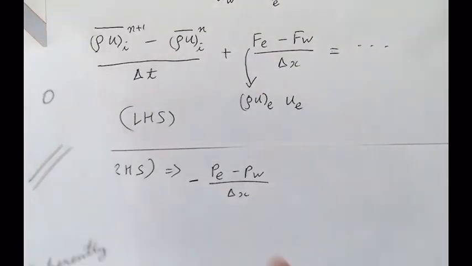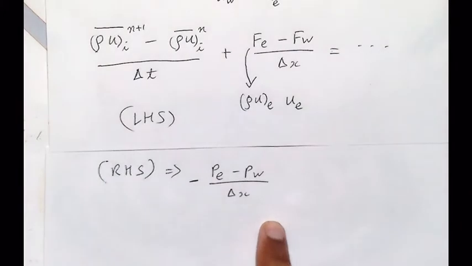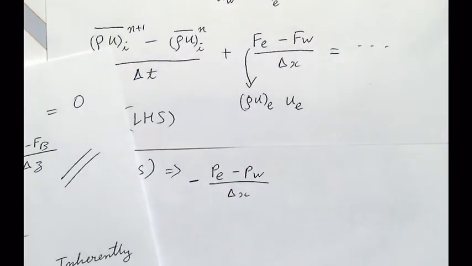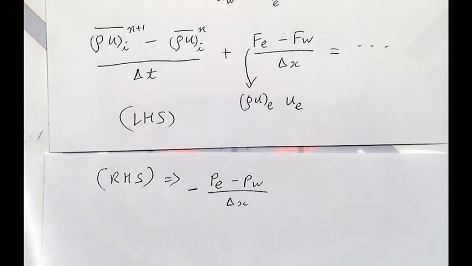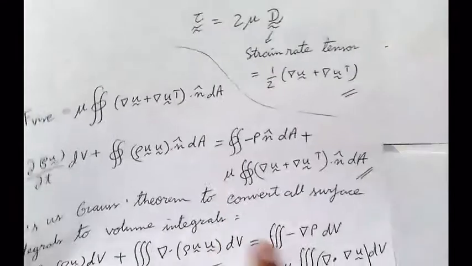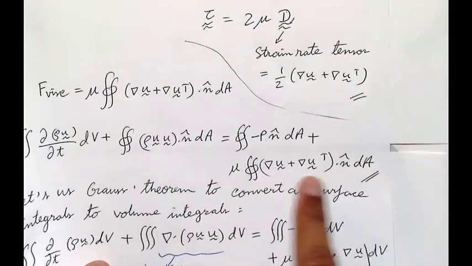Then you have to have an A divided by delta V. It's only with very nice cuboids or rectangular boxes, box-like cells, that this becomes this simple. Okay, so that's the first term. What's the next term? Next term is over here.